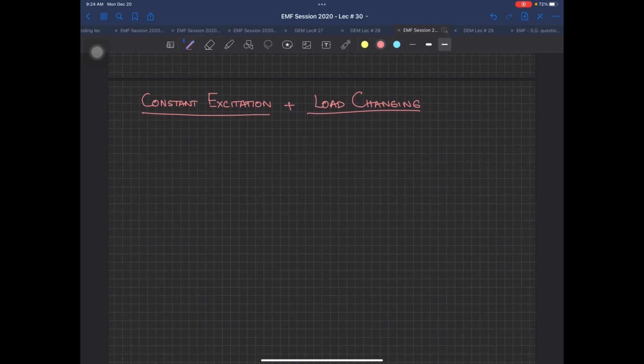What does this mean? The load is going to increase, but EA, which is equal to K phi omega, where omega is the speed, will be constant because it is a synchronous motor with no speed change. Flux phi is dependent upon IF, the field current, so excitation is also not going to change.